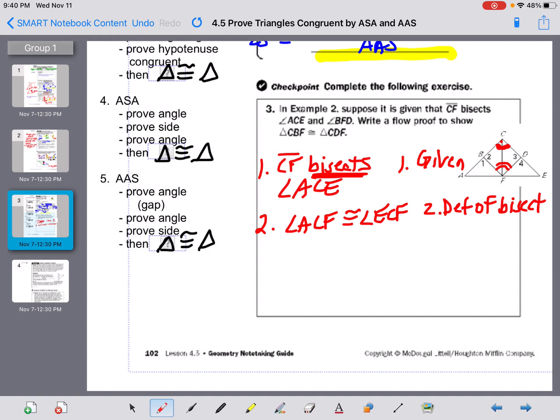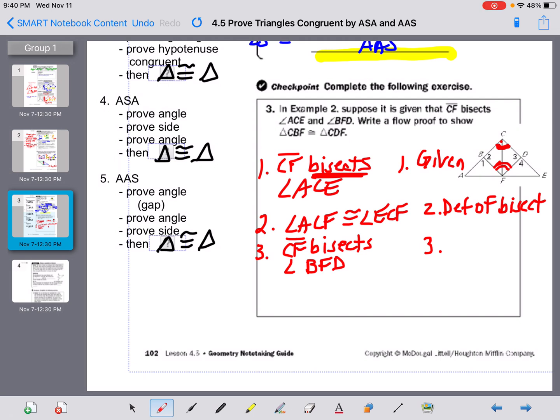All right. Now, I didn't use all my givens, so I'm going to go ahead and write my second part of the given, which was CF bisects angle BFD. So that's this bottom angle down here where I have the 2 markings. If BFD is bisected, then I get 2 equal angles too.